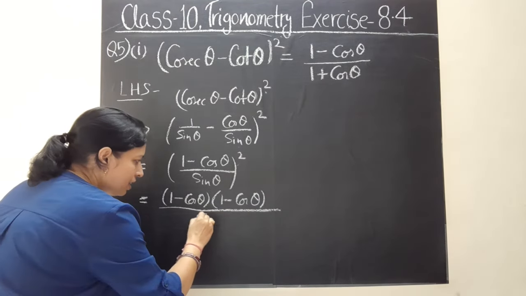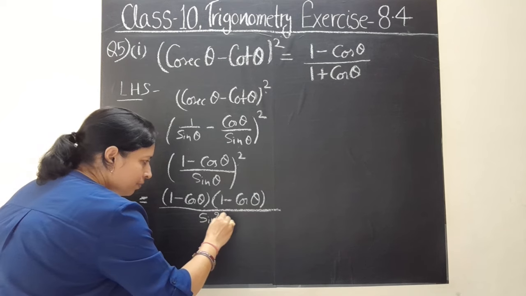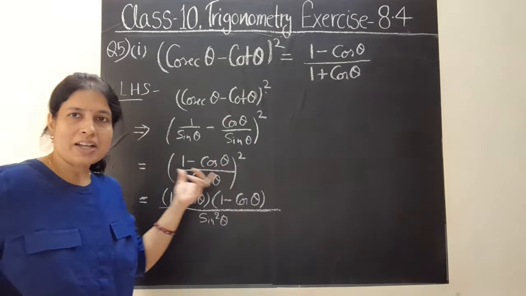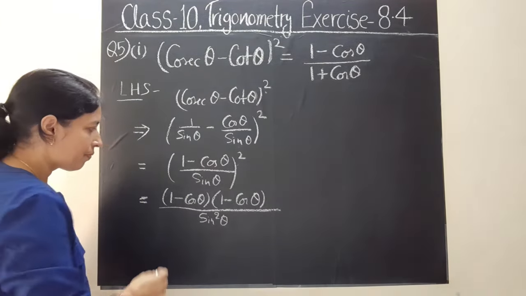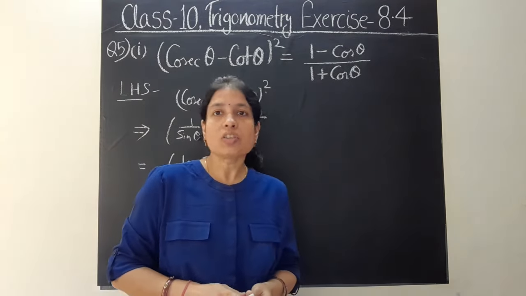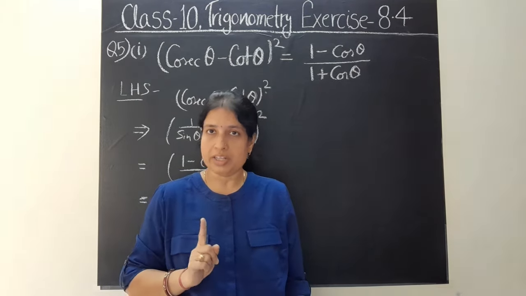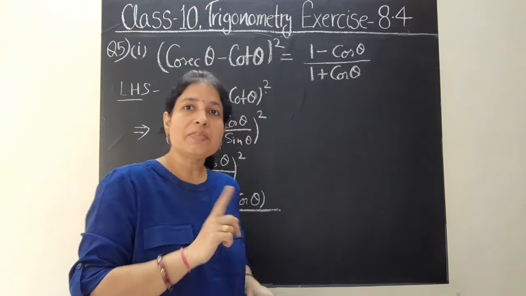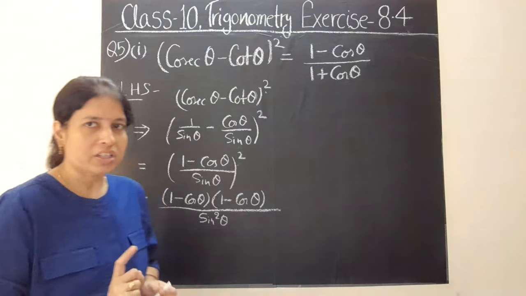And write here sin square theta, because the square of sin theta is equal to sin square theta. And you know that sin square theta plus cos square theta is equal to 1. So in place of sin square theta we can write 1 minus cos square theta.